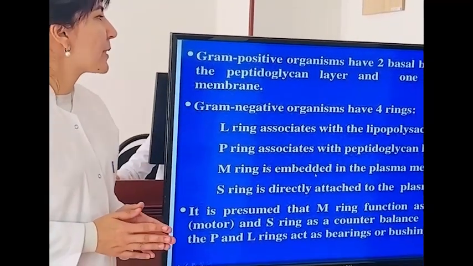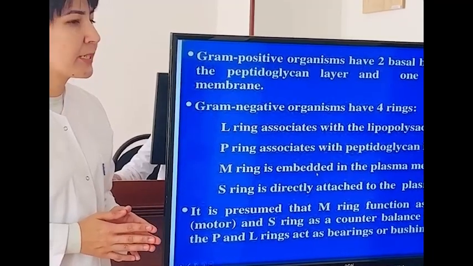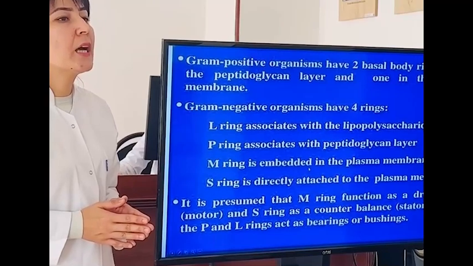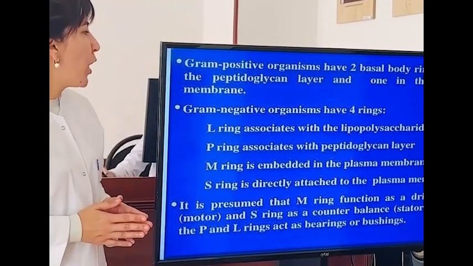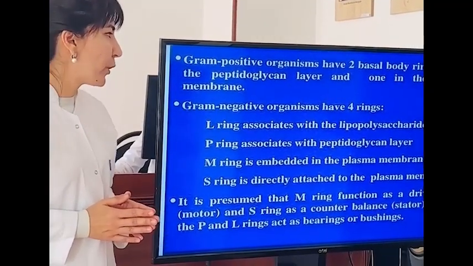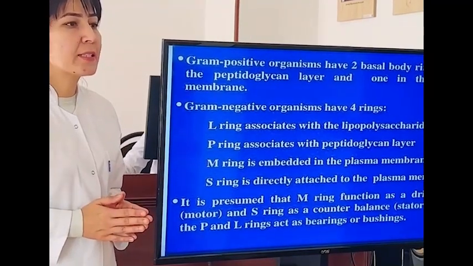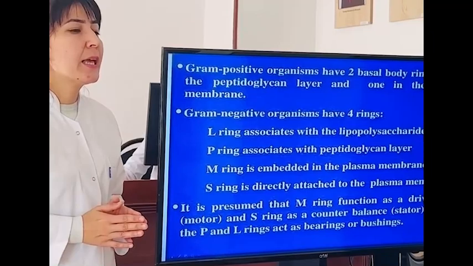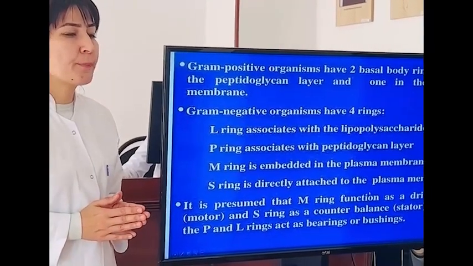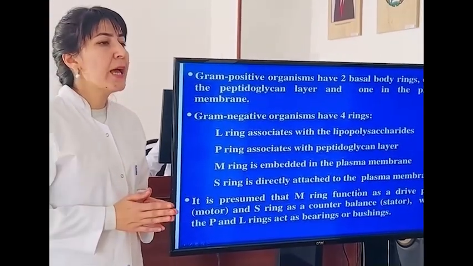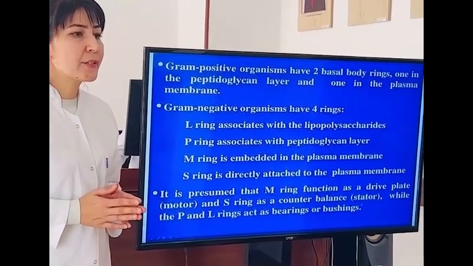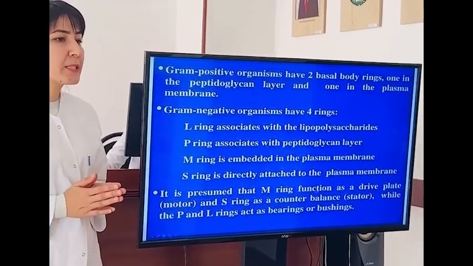A gram-positive organism has two basal body rings, one in the peptidoglycan layer and one in the plasma membrane. A gram-negative organism has four rings: the L ring is associated with lipopolysaccharides, the P ring is associated with the peptidoglycan layer, the M ring is embedded in the plasma membrane, and the S ring is directly attached to the plasma membrane.